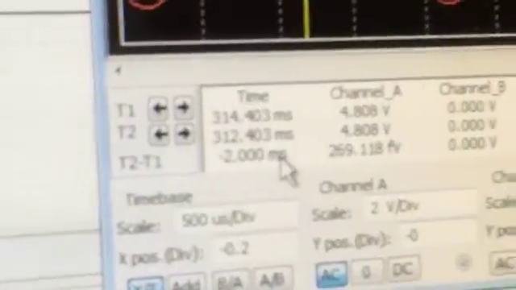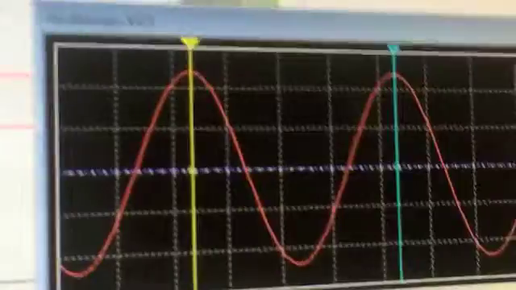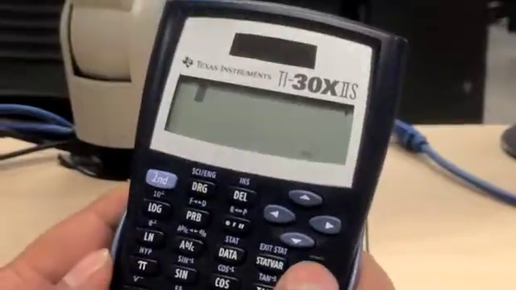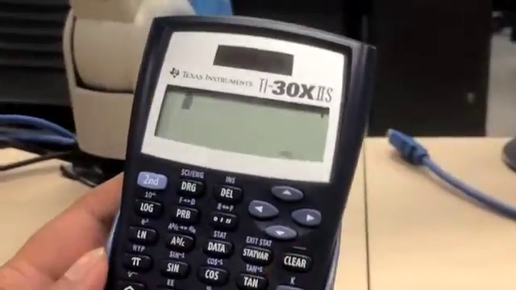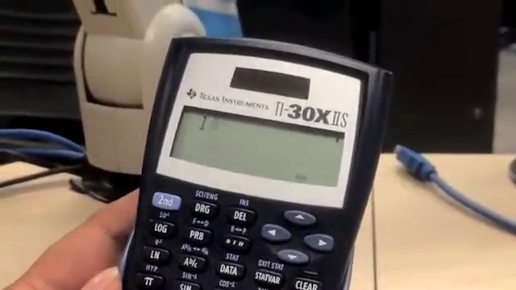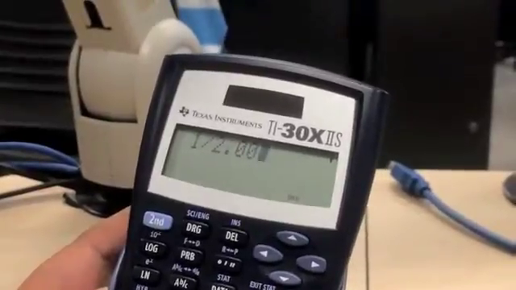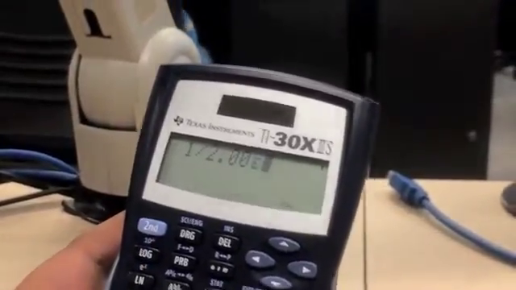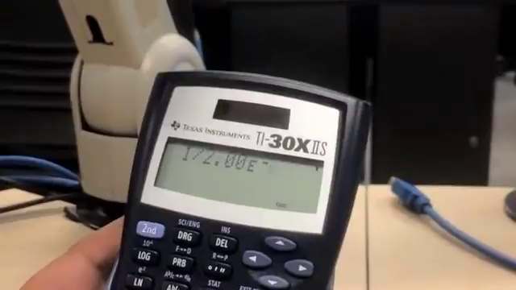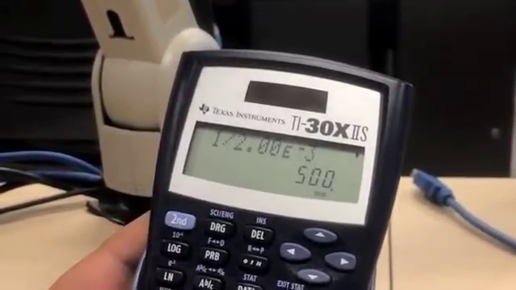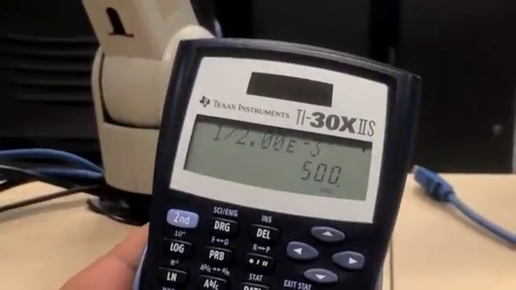And as you can see there, it is 2.00 milliseconds. Alright, to calculate our frequency, we're going to go ahead and do 1 divided by 2.00 e to the negative 3, which is 500, and that is our frequency.